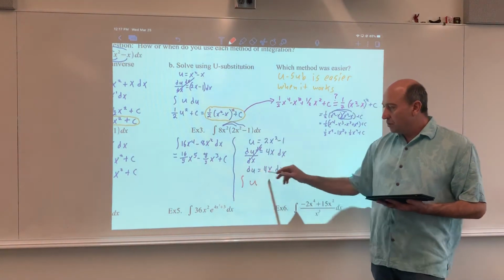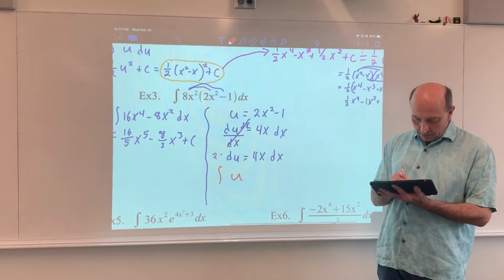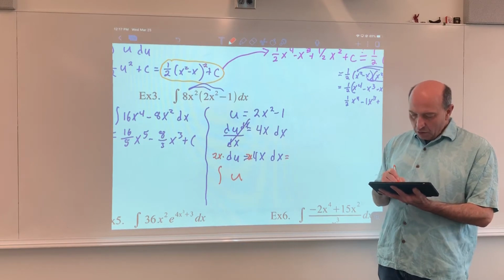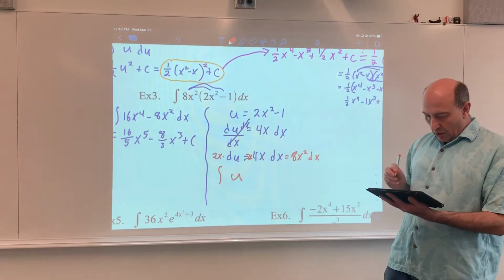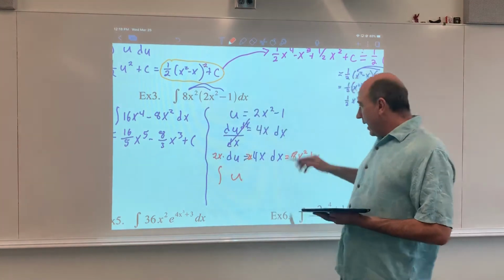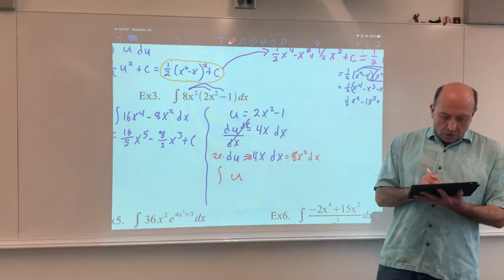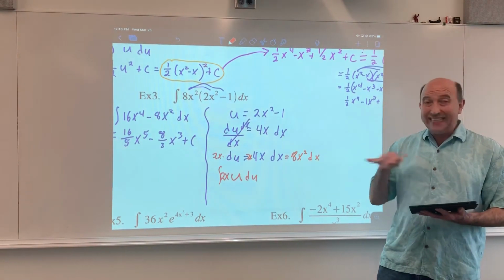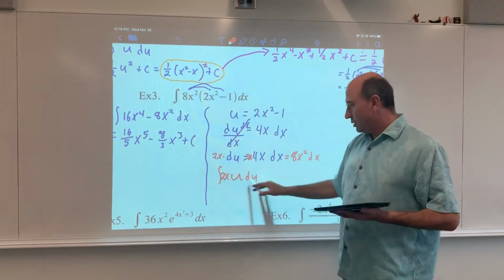We need to multiply both sides of this by 2x. So now 2x times 4x is 8x squared dx. So 8x squared dx is 2x du. The 2x goes here and the du goes here. We didn't do it. We were trying to write this with u's and we didn't do it.